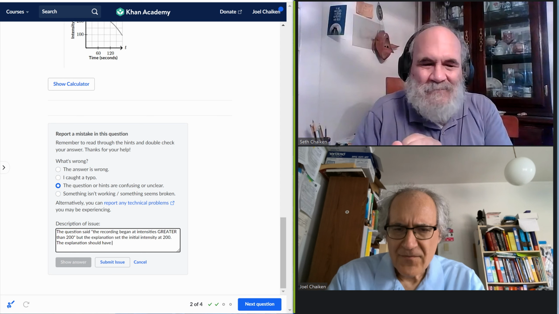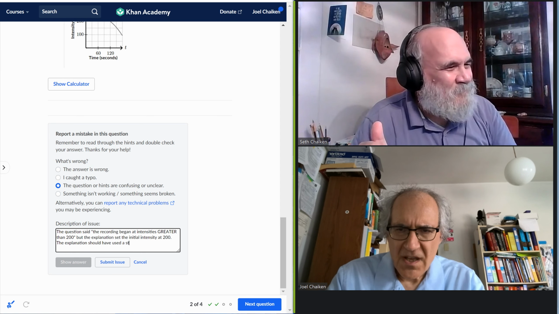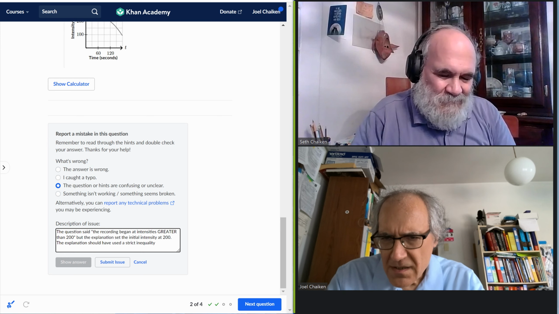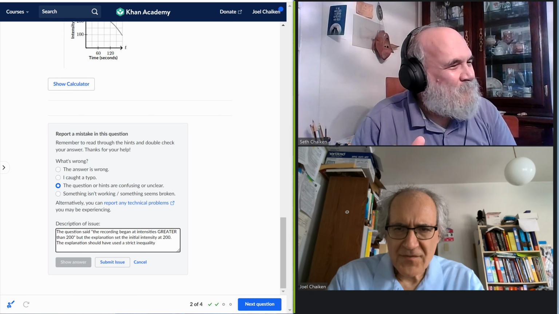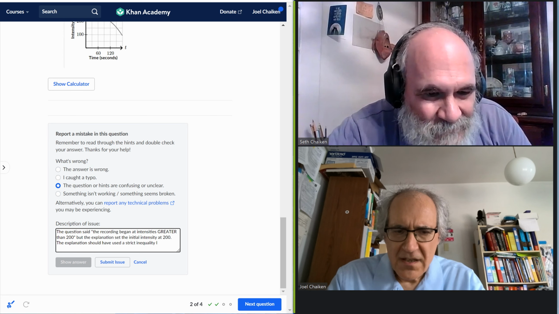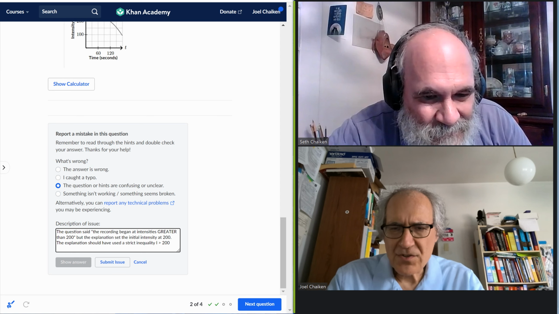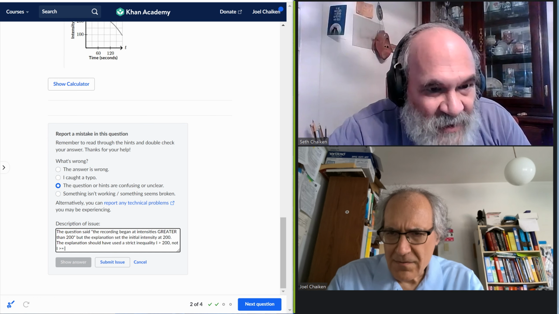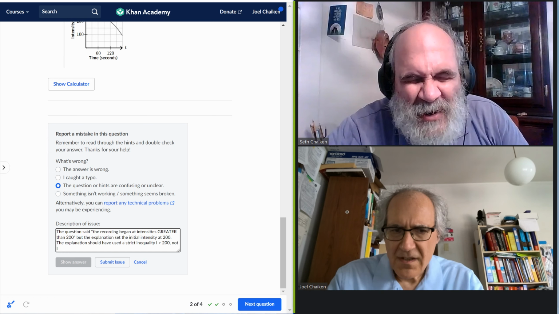The explanation should have used a strict inequality. I is greater than 200, not I is greater than or equal to 200. He actually used equal to 200.